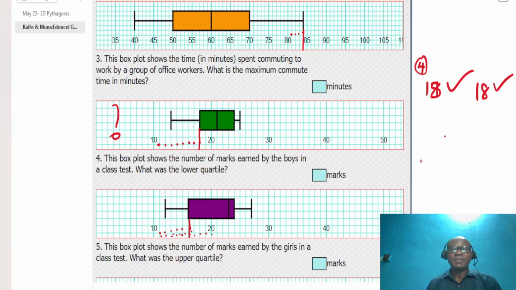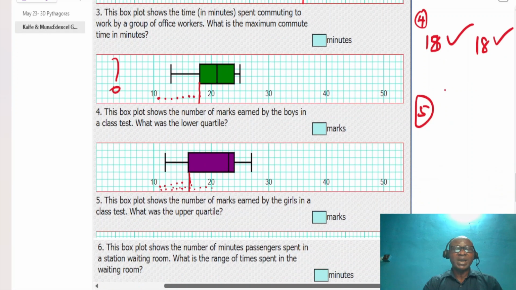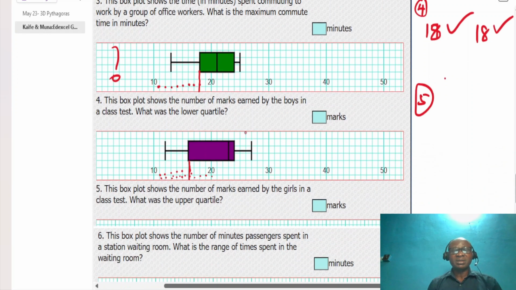We are going to number 5. So I go back to this diagram, the graph I was working on earlier. The question asked, what is the upper quartile? Mona, what is your answer? 24.